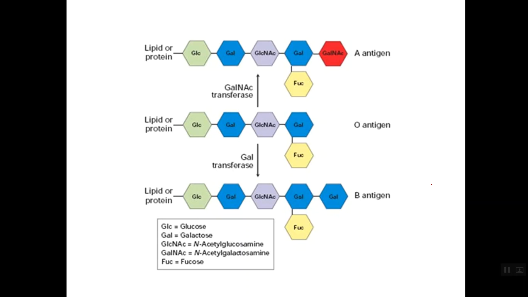So these blood group antigens are also referred to as isoantigens. These isoantigens are antigens of an individual which are capable of eliciting an immune response in individuals of the same species.